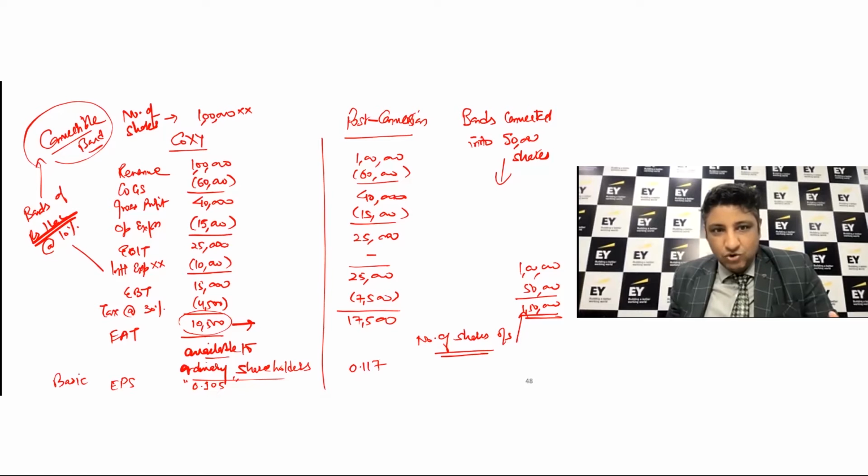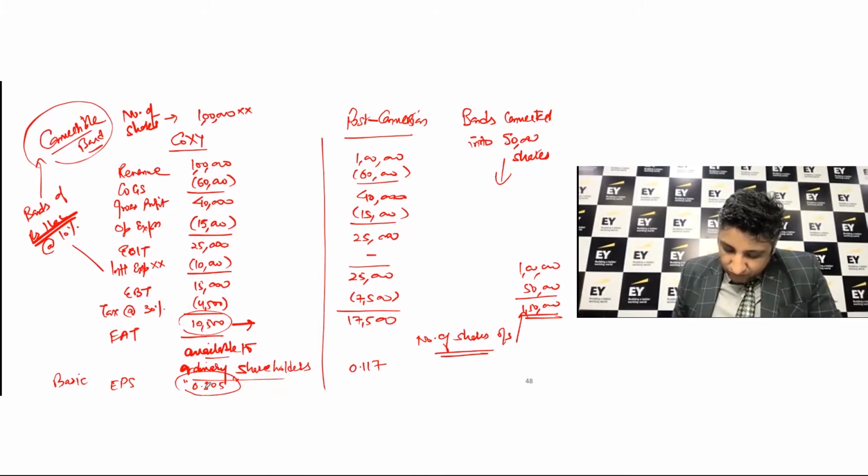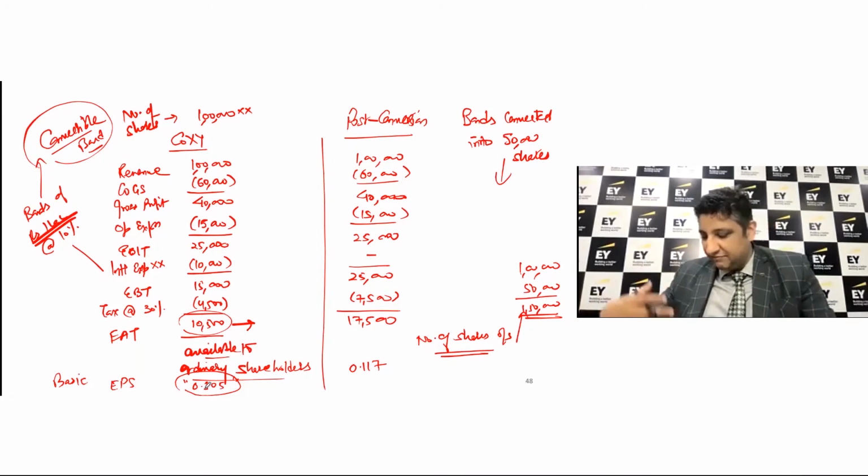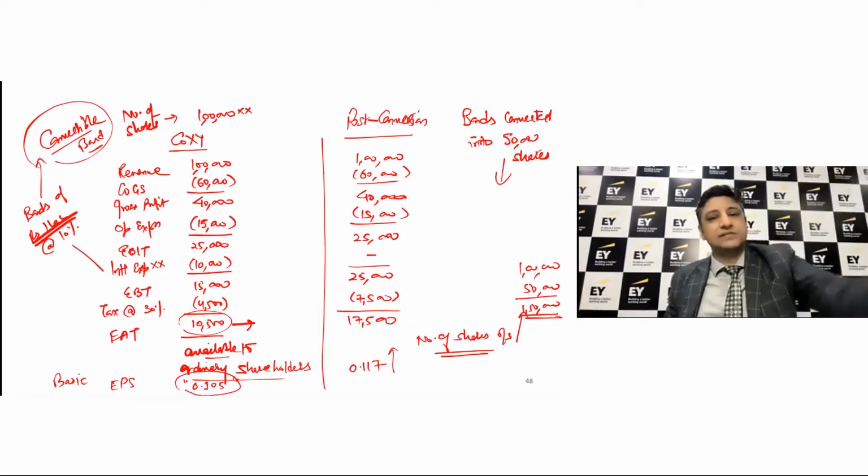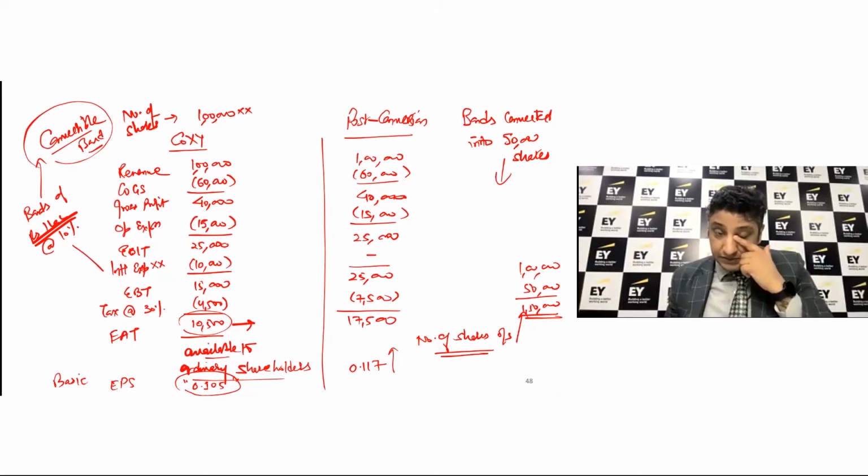Now, what you observe here is that your original EPS was 0.105. But with this conversion taking place, it has increased to 0.117. There's no problem with that, right? Effectively, the conversion is resulting in an increase in the earnings per share, which is fine.